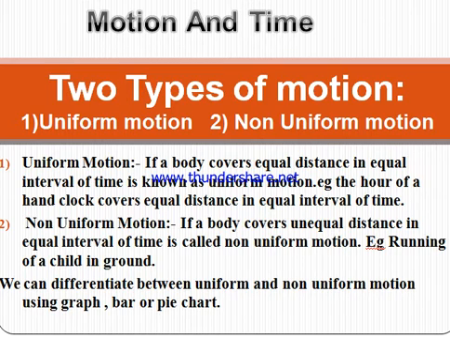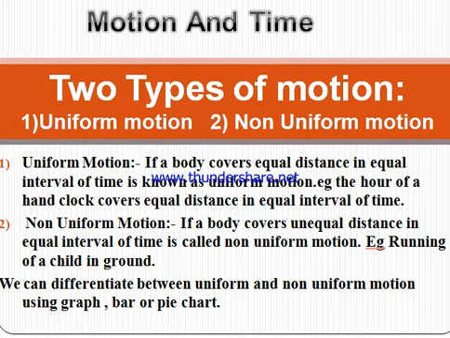If a body covers unequal distance in equal intervals of time, then it is known as non-uniform motion. Example, running of a child in a ground. Suppose a child starts running, he has full energy, he is running with full speed. After some time he gets tired, then he runs with very less speed.